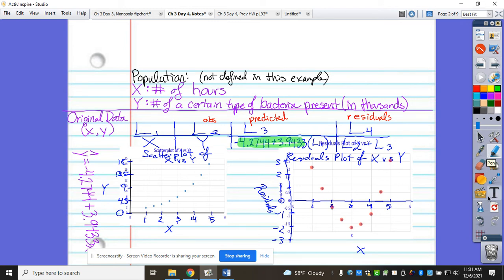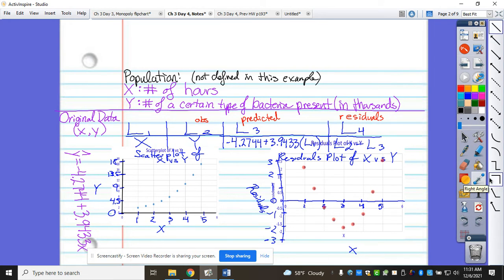All right, so just going over understanding getting from this scatter plot to this residuals plot. The idea is if I draw a line through here, numbers that are on the ends, where should they be in relation to my residuals or to my LSRL?